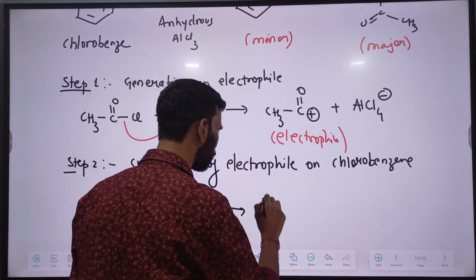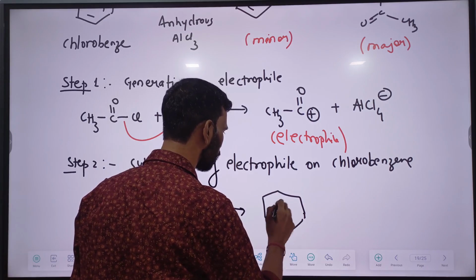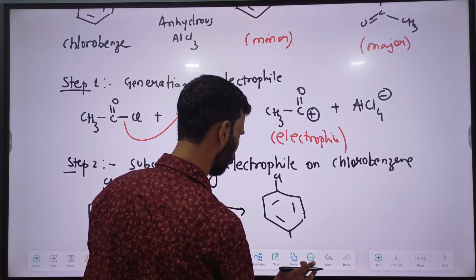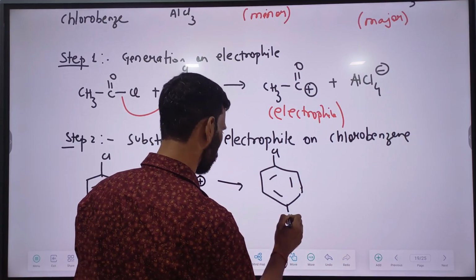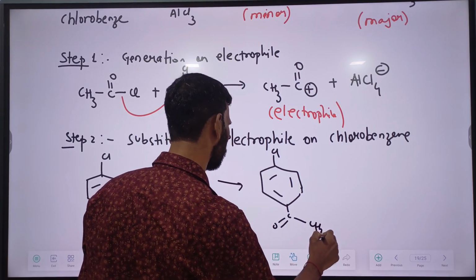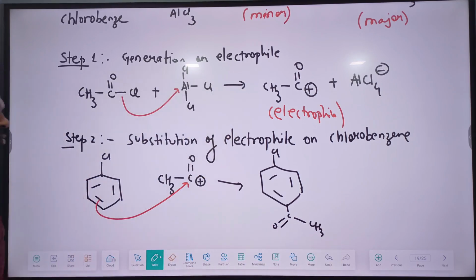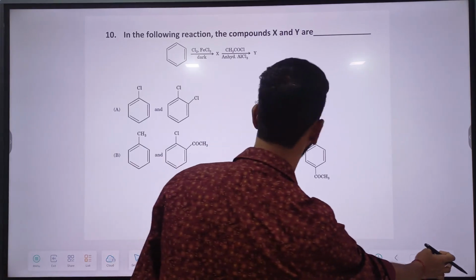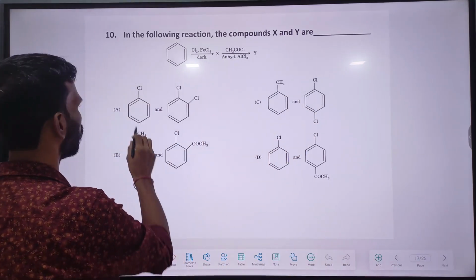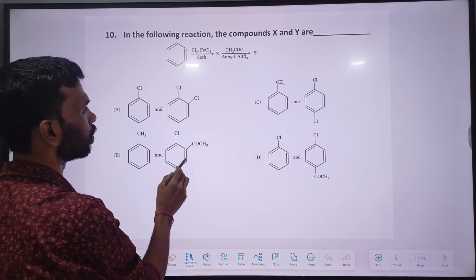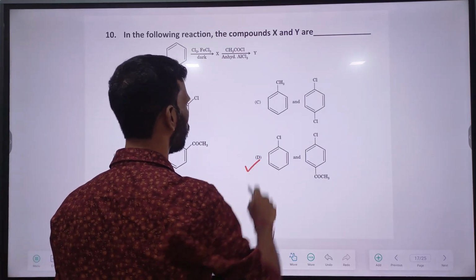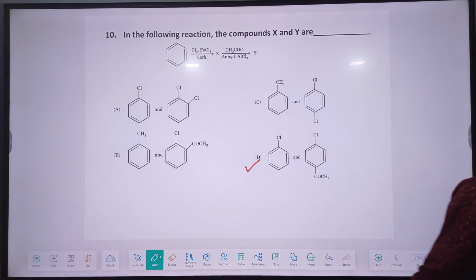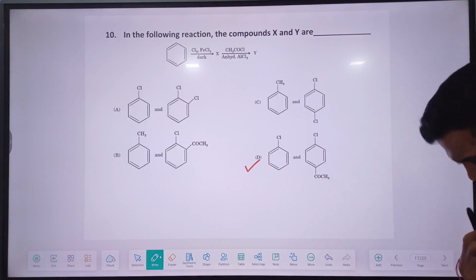You get this major product. So what is the answer? X is chlorobenzene, and with this product, option D will be the correct one. Options were given. That's why this question was slightly complex.